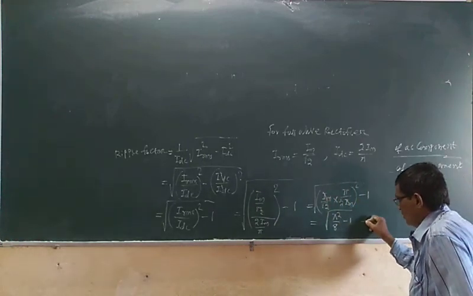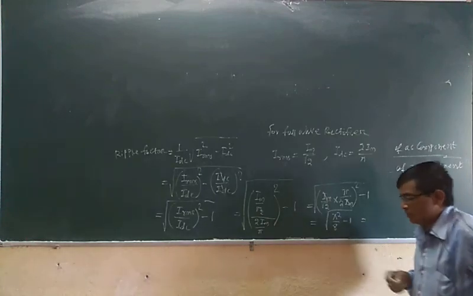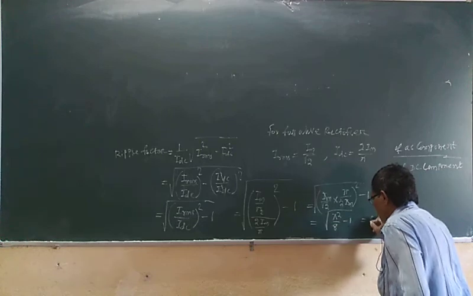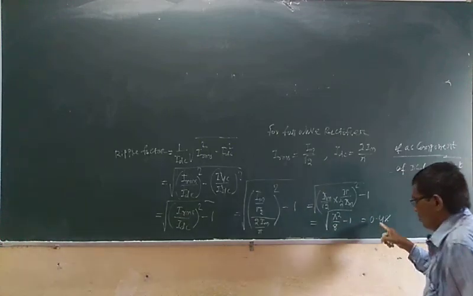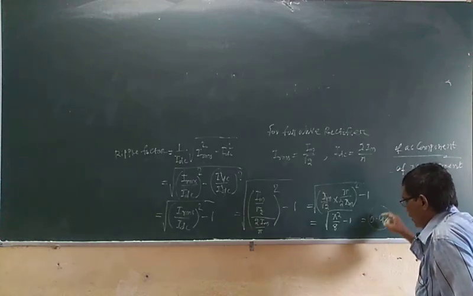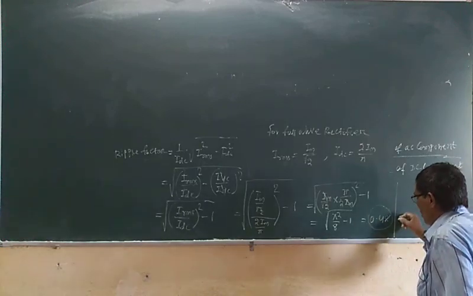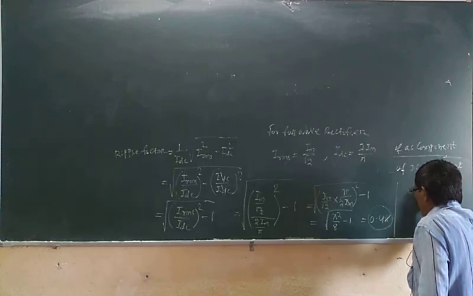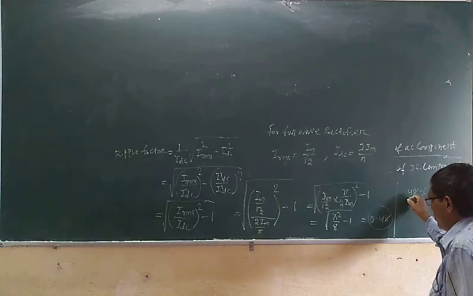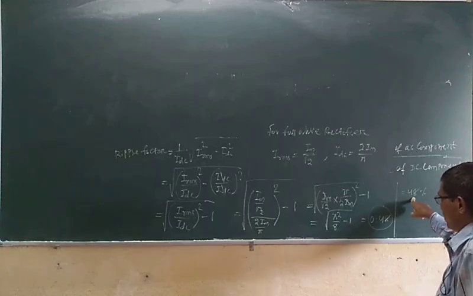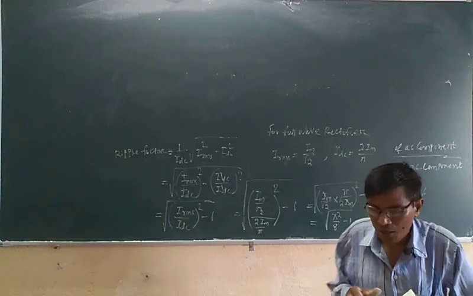Then calculating this value, pi square by 8 minus 1 under root gives 0.48. Multiplying by 100 gives the percentage, so the ripple factor is 48 percent. So this 48 percent ripple is present in the rectifier output.